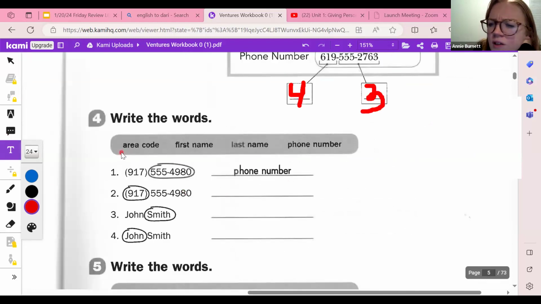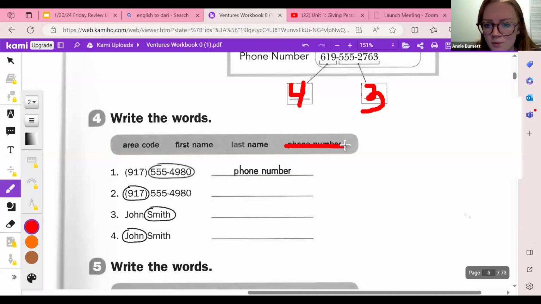Okay. So number 1, what does this word say? Area code. Is number 1 an area code? No. Number 1, phone number. Number 1, we finished, yeah? We did phone number.